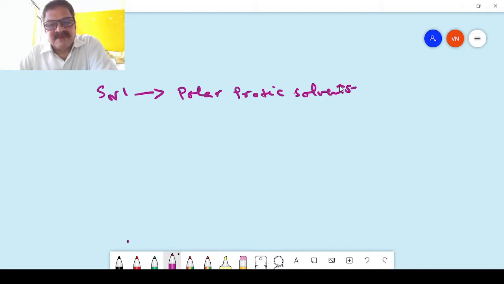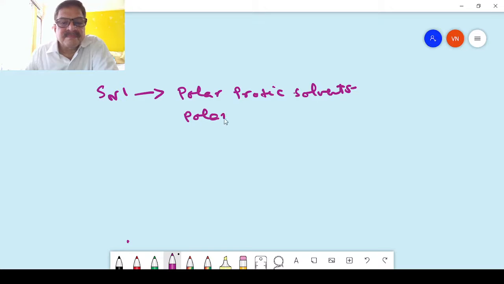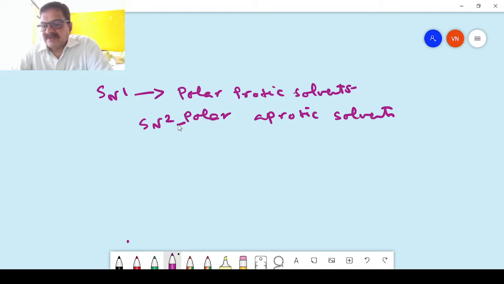Polar protic solvents are good for Sn1 reactions. Polar aprotic solvents are good for Sn2 reactions.